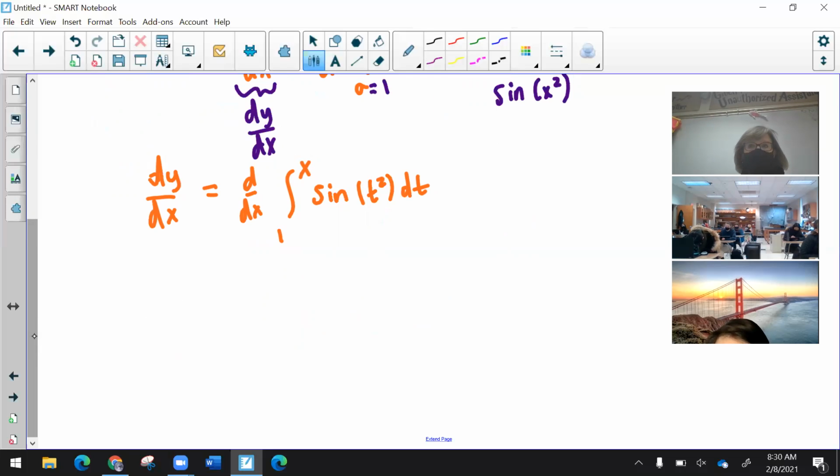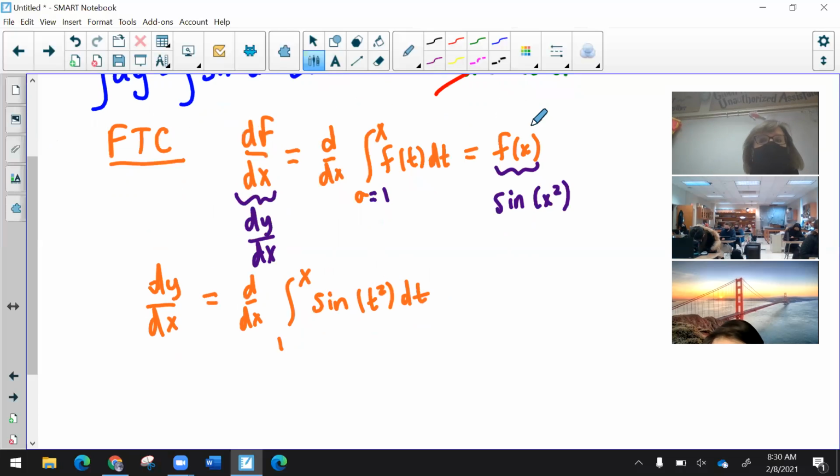Everybody understand where all these pieces came from? That whatever I have out here is what I have inside the integral. It's just a function of t.